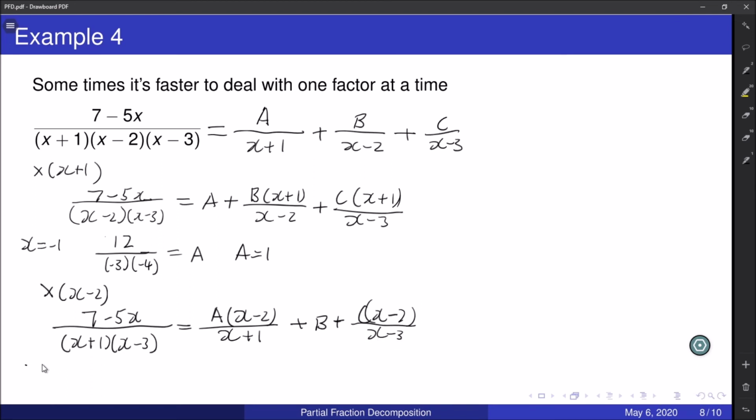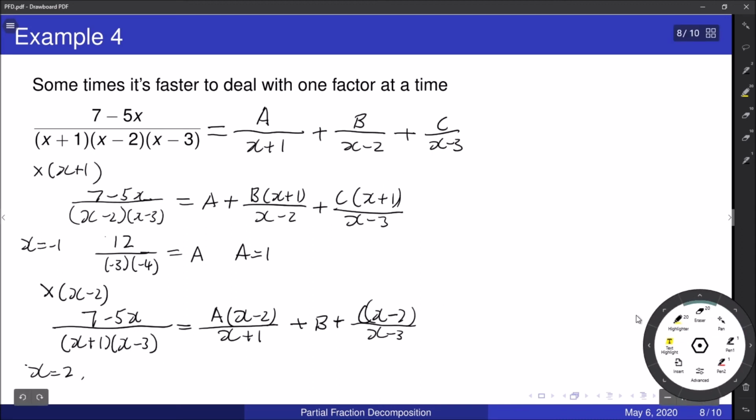Alright, so once again, by setting x equals 2, we eliminate both the a and c terms, and all we have is 7 minus 5 times 2. So actually, I can do it just in my head. 7 minus 10 equals -3, over 3 times -1, equals b, which means b equals 1 as well. Okay, let's highlight them just in case, so as not to forget.